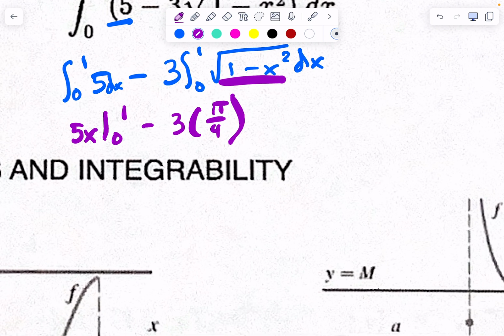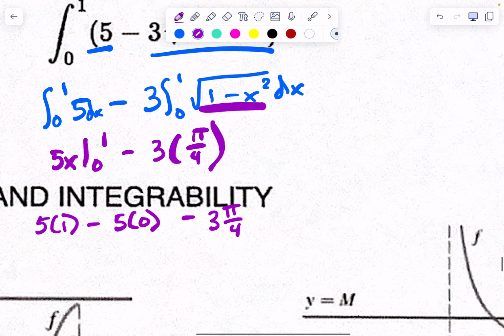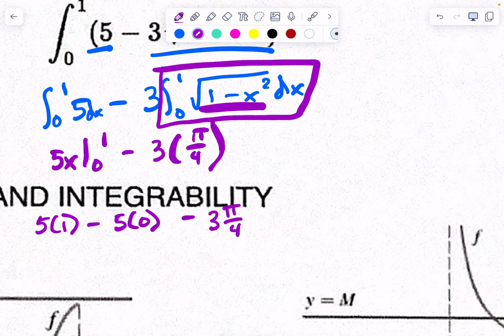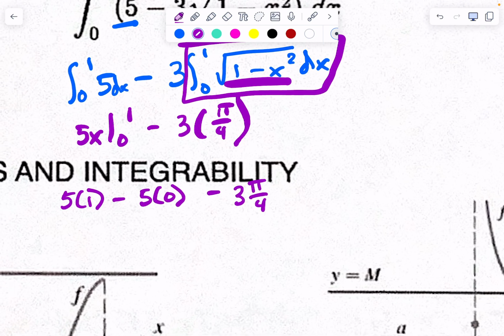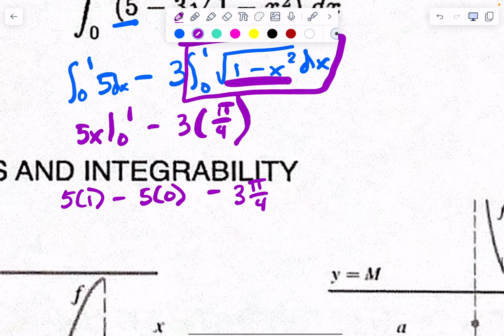Okay. So if I plug in 1 into the 5, so 5 times 1 minus 5 times 0. On the other guy, I've already plugged him in. We just know that this whole antiderivative after we've plugged in 0 and 1 is going to be pi over 4, because that's a fourth of the area of the circle, that's up top. So we've already done that part. Make sense?